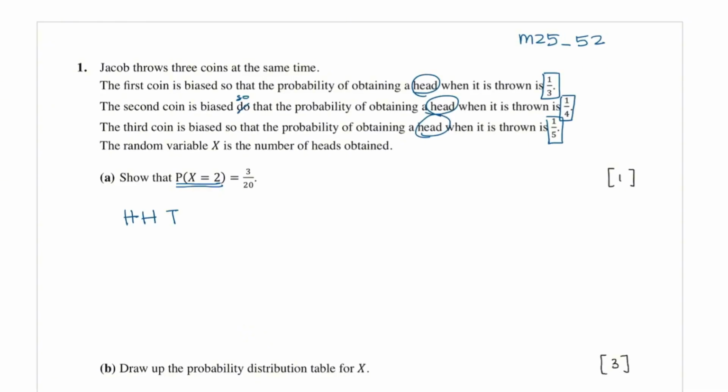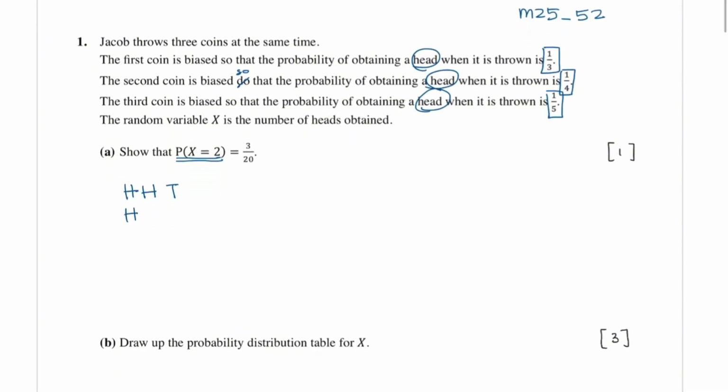Or the first one is head, the second one is tail, and the third one is another head. Or the first one is a tail, the second one is a head, and the third one is also a head. So these are the 3 scenarios that are possible for me to have 2 heads.